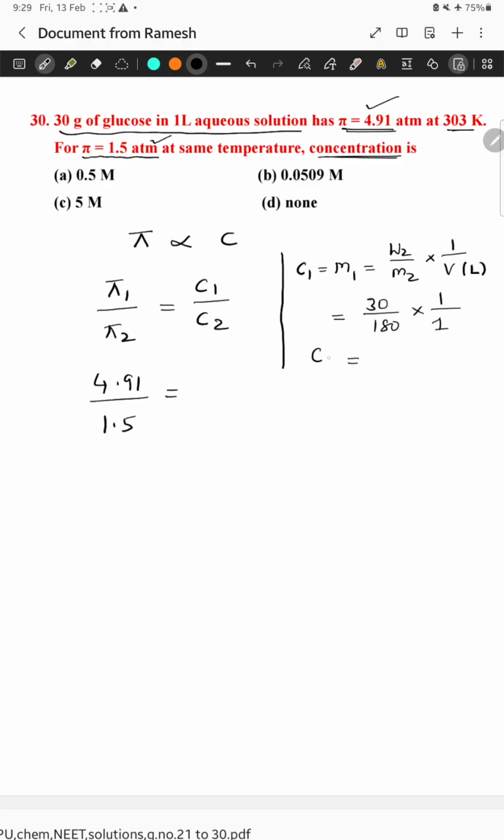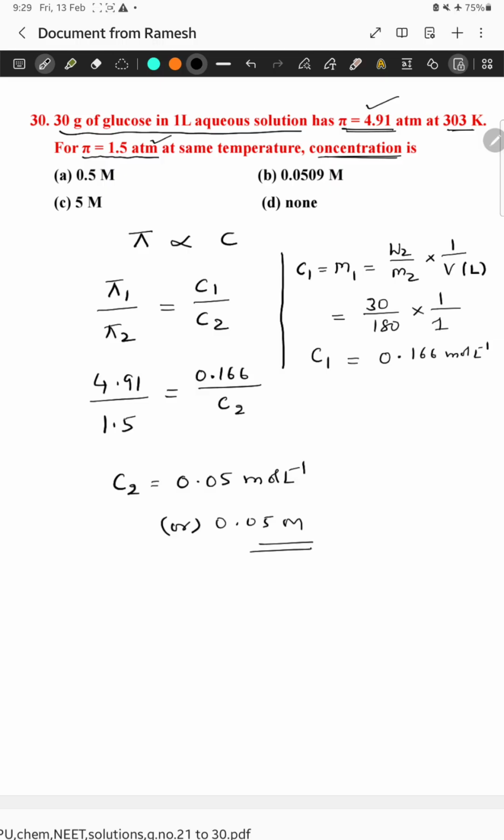After simplification, you will get the first concentration as 0.166 mole per liter. Now you substitute here 0.166 divided by the second concentration. After simplification, you will get the C2 value as 0.05 mole per liter, also called 0.05 molar. So 0.05 molar is there in option C, the second option. Therefore for question number 30, option B is the correct answer.